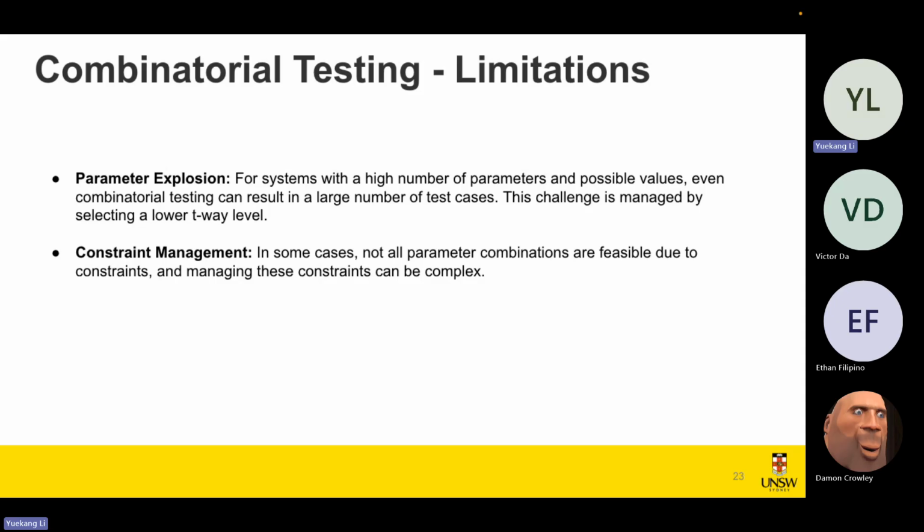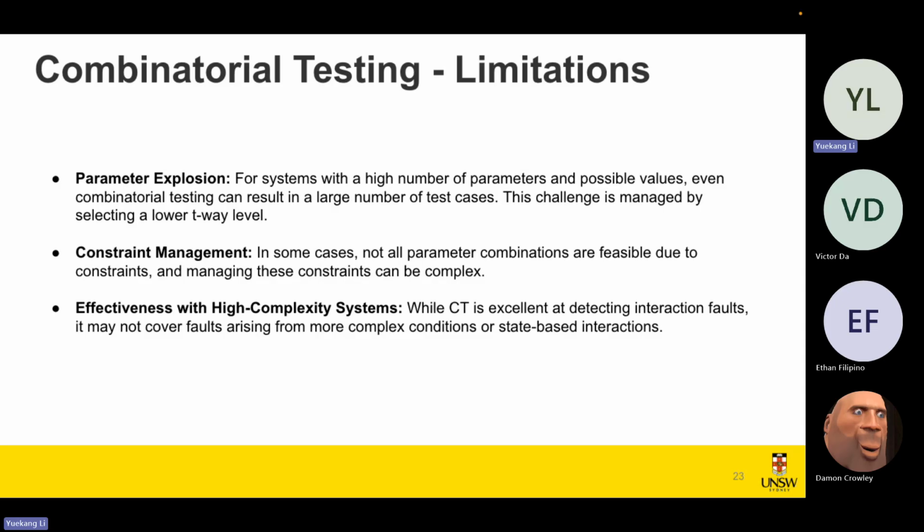So not all the combinations between different input values are meaningful. If we just create the test cases without considering the constraints, we are creating a lot of invalid test cases, which may not help us to cover some program behaviors.